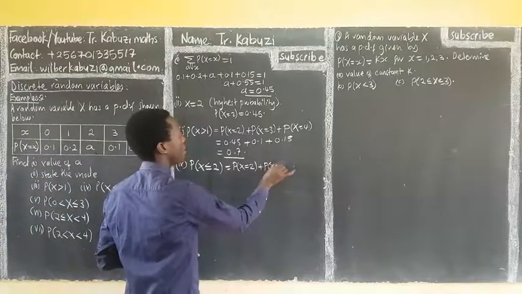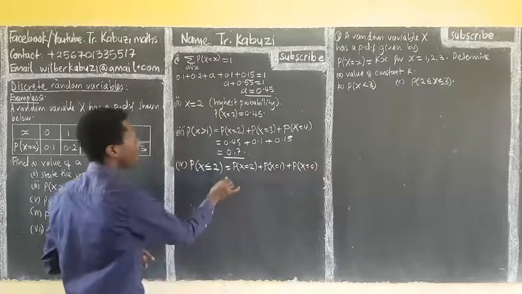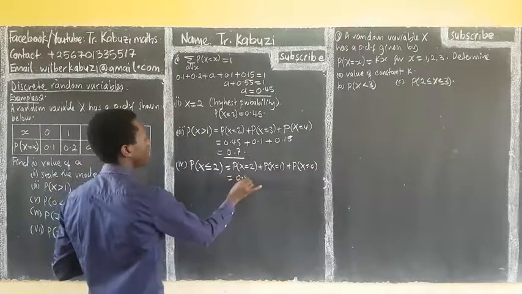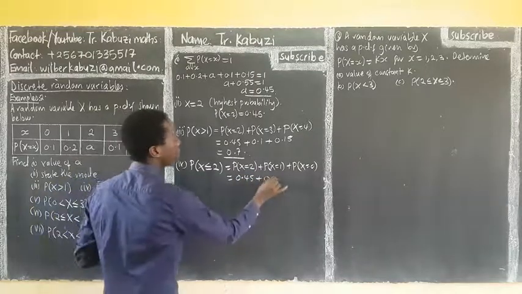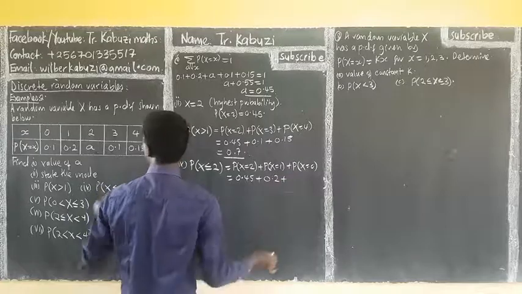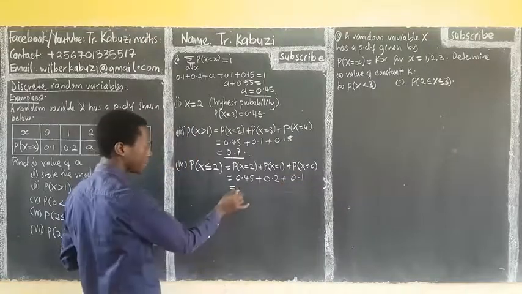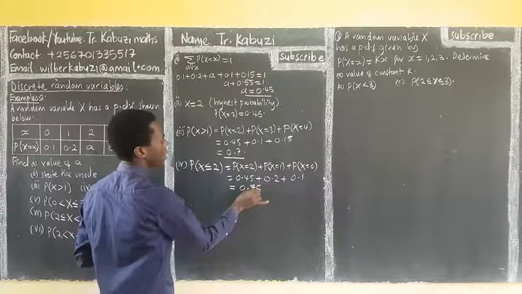So it starts when it's equal to 2 is 0.45, when it's equal to 1 is 0.2, and when it's equal to 0, it's 0.1, and when you add those ones, you get 0.75.